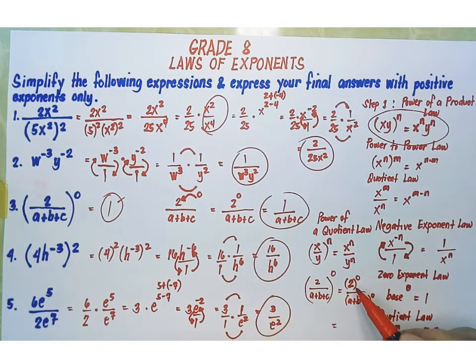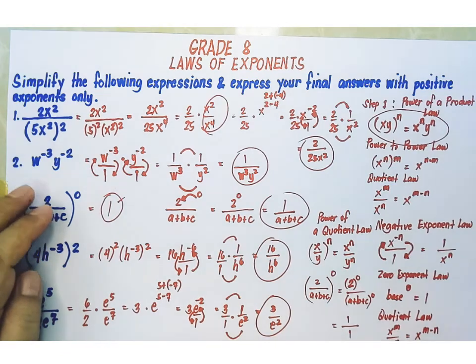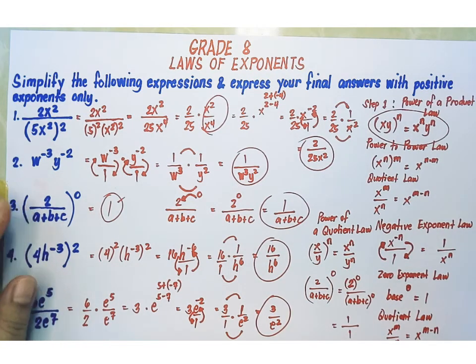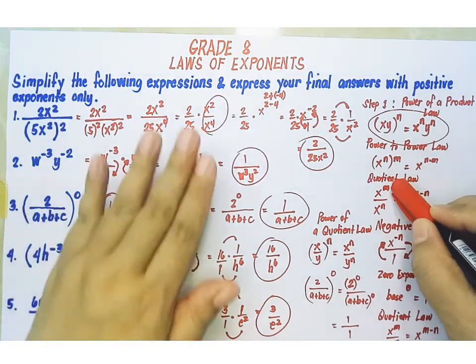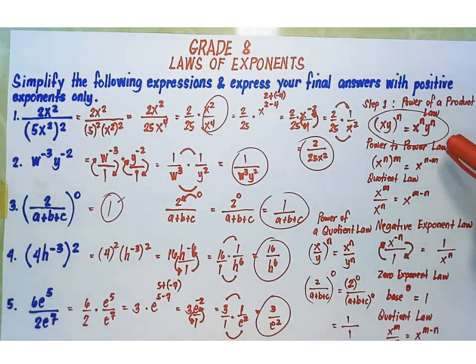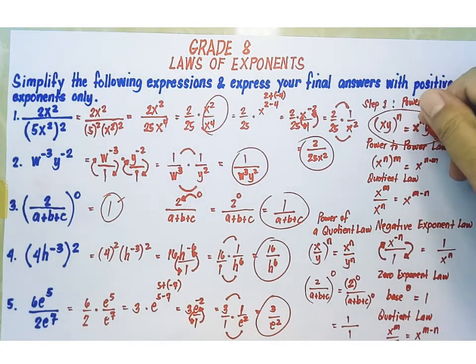Yan. And then we apply the zero exponent law. So, this base raised to 0 is 1. This base raised to 0 is also 1. And what's 1 over 1? It's equal to 1. Yan. So, pag ginamit natin ang power of a quotient law sa number 3, nagamit natin sa buong problem set na ito yung laws of exponents natin. Nagamit lahat.